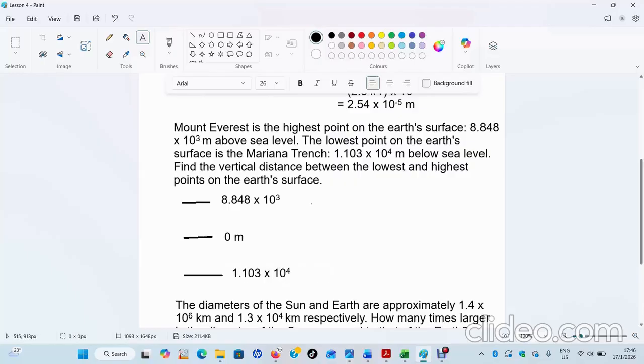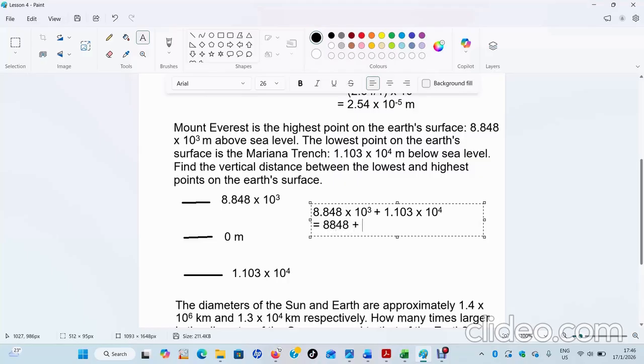But we are required to find the vertical distance between the lowest and the highest points on the Earth's surface. So the distance between those 2 points, you will realize that we simply add those two numbers, and they are expressed in standard form. How do we add numbers in standard form? We did that in a previous lesson.